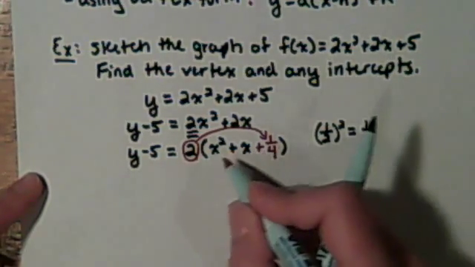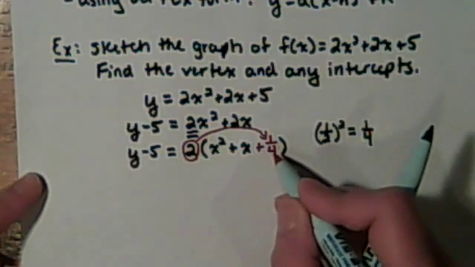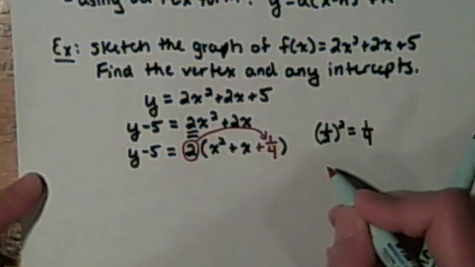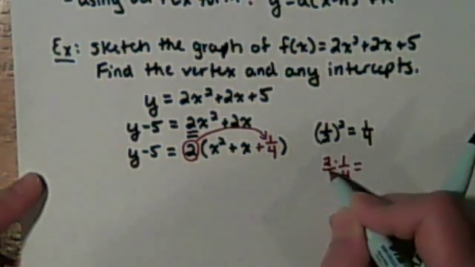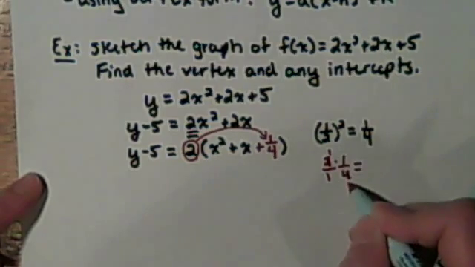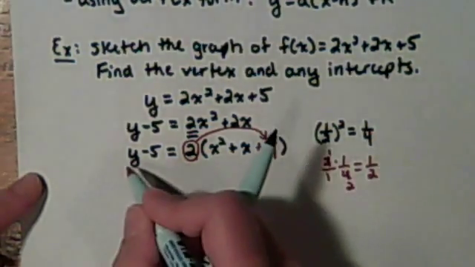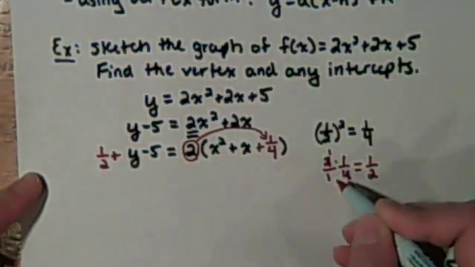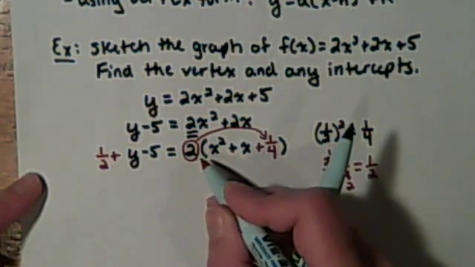So when you factor out a leading coefficient, you need to make sure you include that in order to balance the equation. So if I have 2 times 1/4, that's equal to 1/2. And so what I need to add to the other side then is a 1/2. I am balancing the equation, but I have to take that 2 into account.